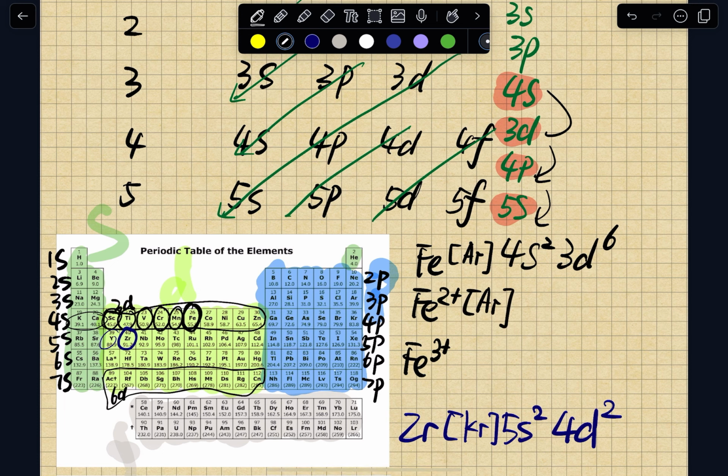Still, we have the Ar, the noble gas. And then the thing is, you get rid of 2 electrons. Do you get rid of the two electrons from the S subshell or the D subshell? The rule is you always remove the electrons from the higher subshell first.